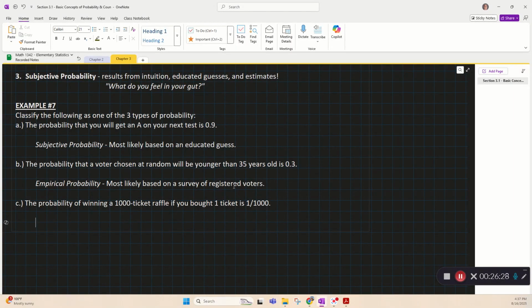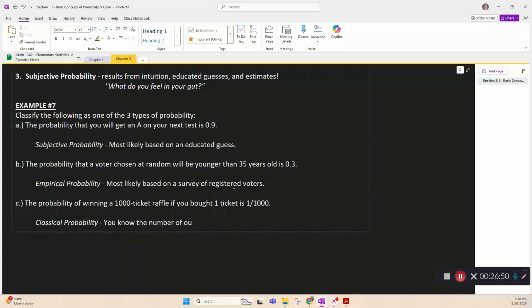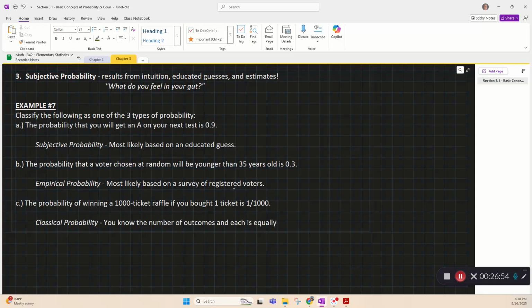Well, you bought one ticket, they sold 1,000. We're going to assume each ticket has the same chance of being drawn. So that would make this classical probability. You know the number of outcomes, and each is equally likely.